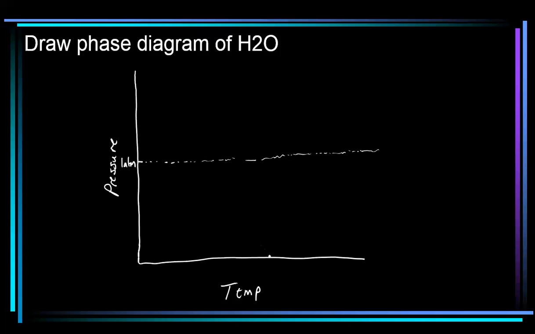Okay? 2 points: 100 and 0 degrees Celsius. And right below 0 is a 3rd point. Draw dashes going up.